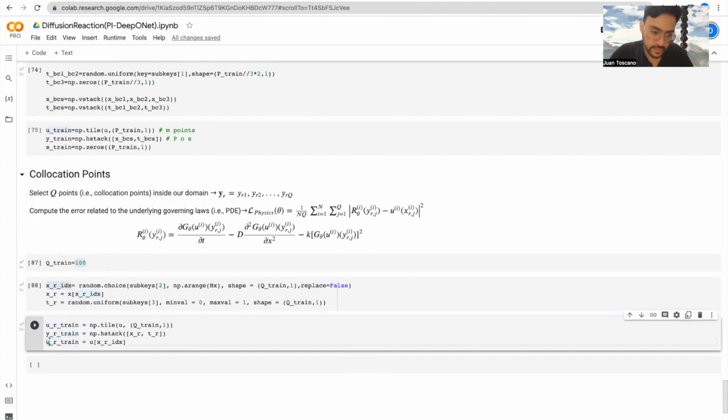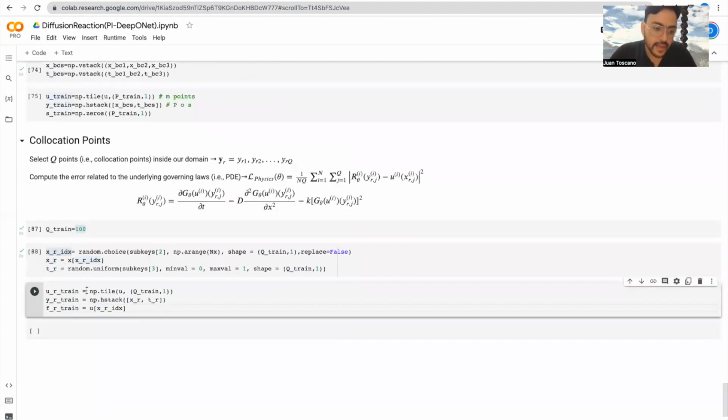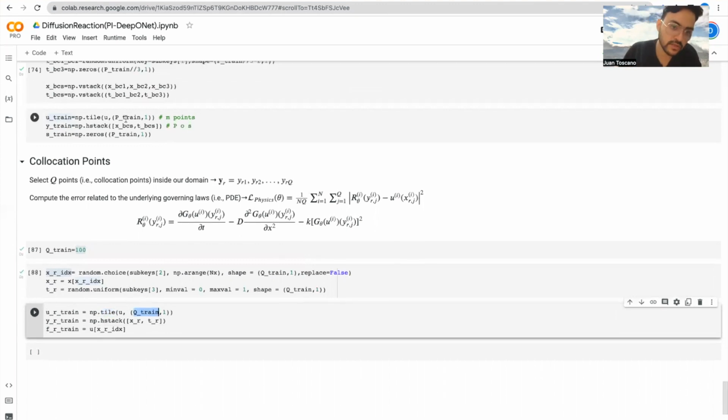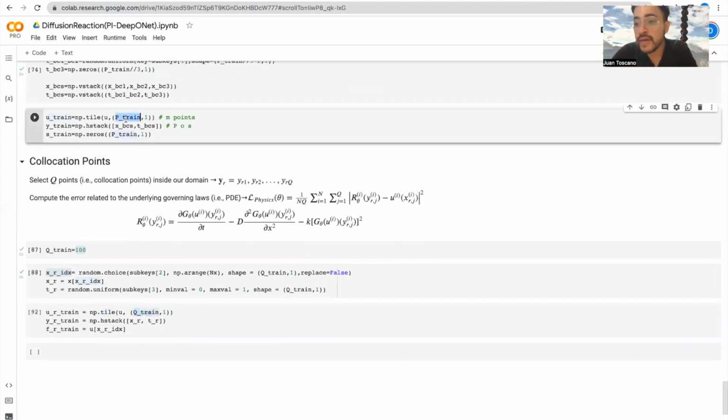So as you should suggest, we should change the name here. The last thing before I forget, this tile function, what it does is copy the vector many times. For example, in this case, it copies q train times, and in this case, copies p train times. Why do we need to do that? Because we need it to be compatible with the DeepONet structure that we will see in a few minutes.